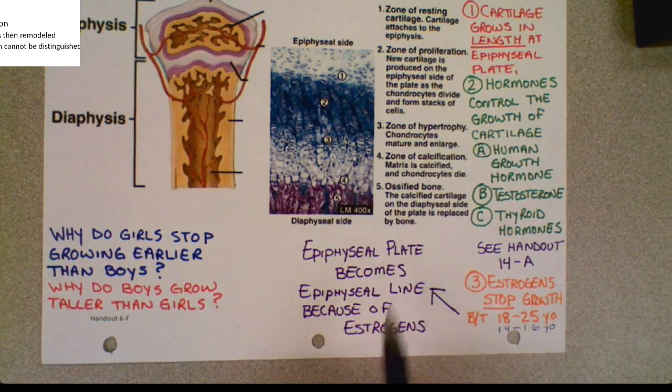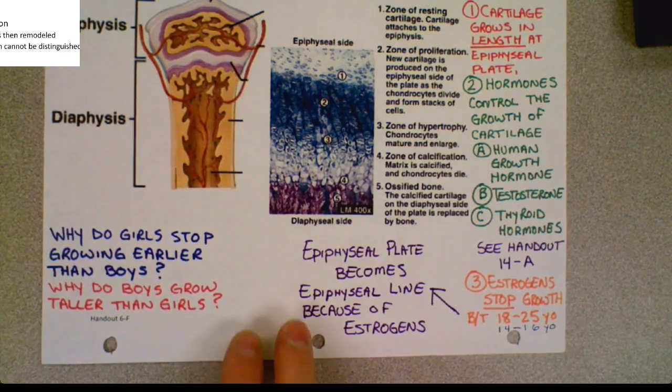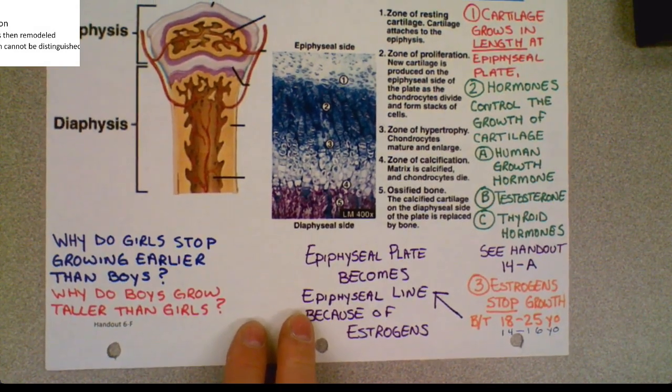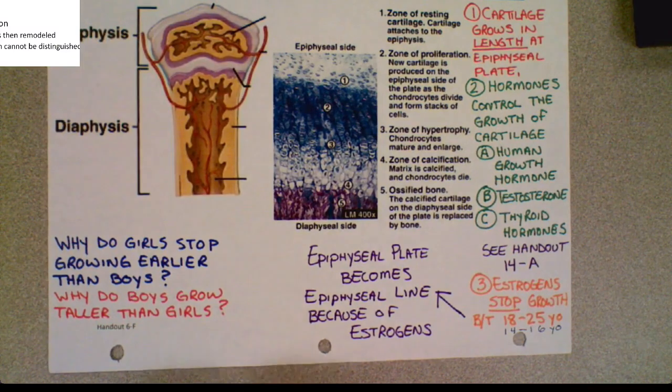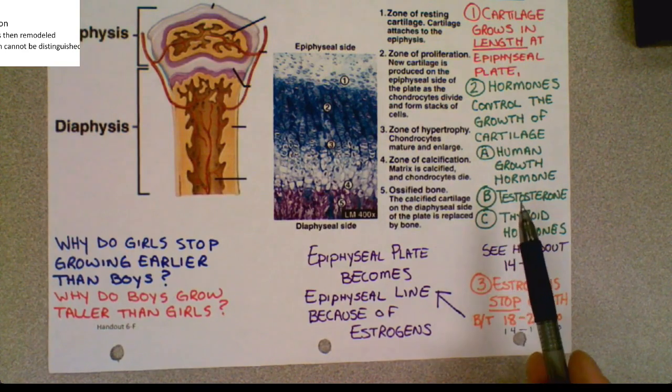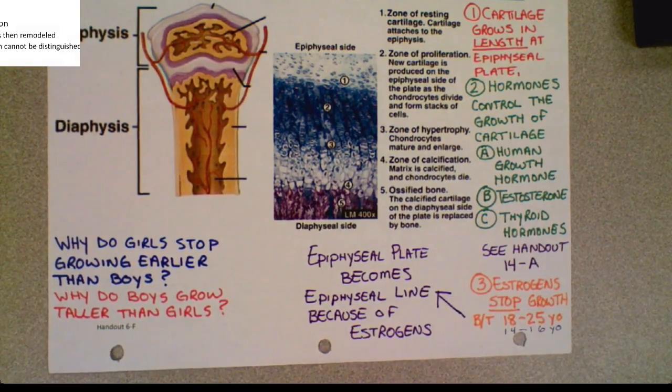And so some of you young men may, if you're in your early 20s, you may still be growing a little bit. And that's going to stop soon. But you have to build up enough estrogen to actually stop growing. And so this explains why girls stop growing earlier than boys and why boys tend to grow taller than girls. It has to do with our testosterone and estrogen levels.